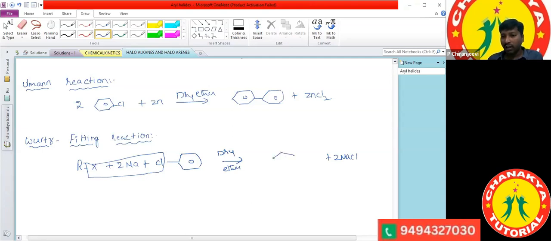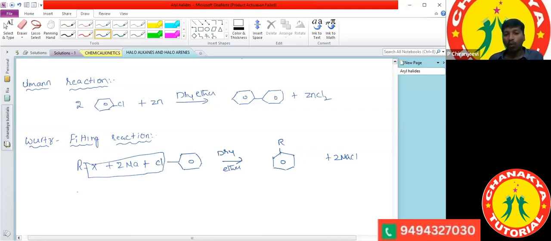And an alkyl group is attached to the benzene ring. So then only we can call it derivatives of benzene. So in the Wurtz-Fittig reaction, it forms derivatives of benzene.